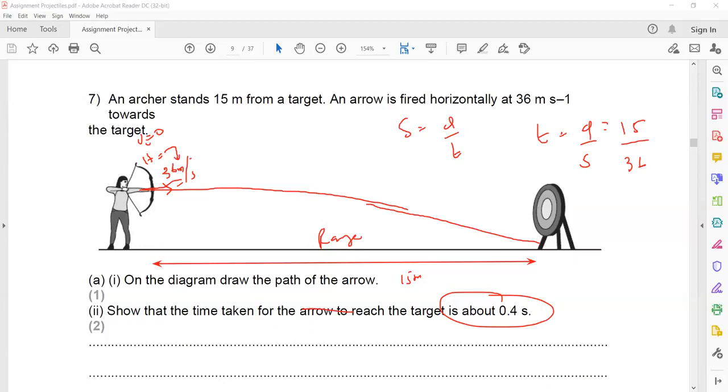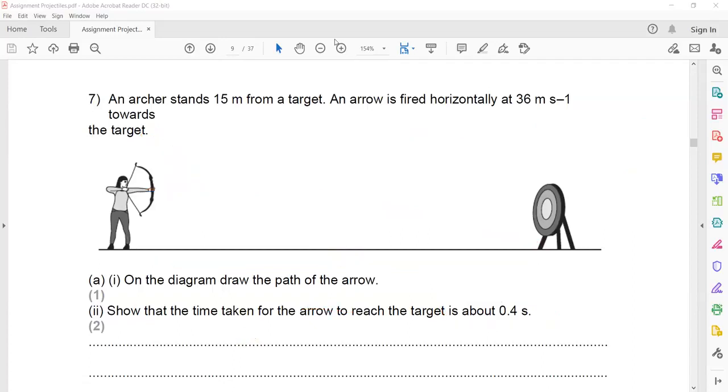So what is 15 divided by 36? That's equal to 0.42 seconds, so that's about 0.4 seconds. So 0.416 seconds, or 0.42 you can say.